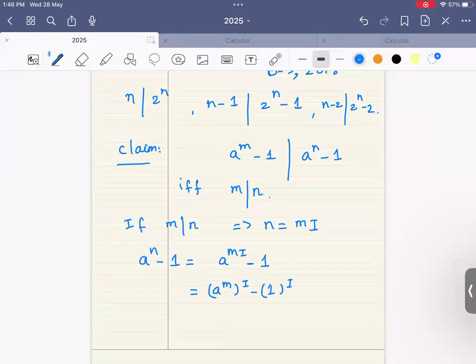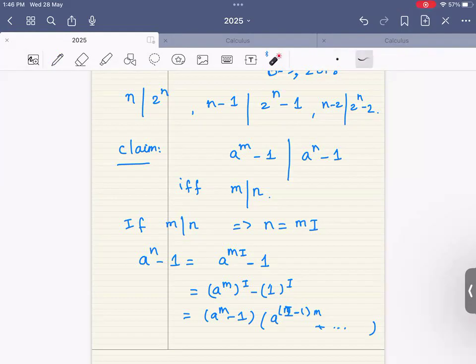And this can be further written as a to the power m minus 1 into a to the power (i minus 1) times m, and so on. So you can see that a to the power n minus 1 is divisible by a to the power m minus 1, right? So that's the forward direction.